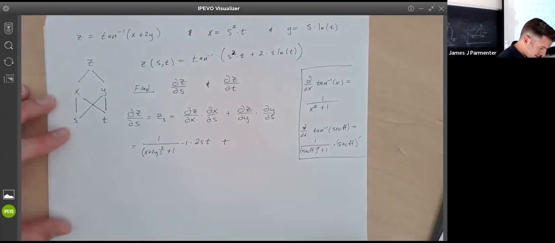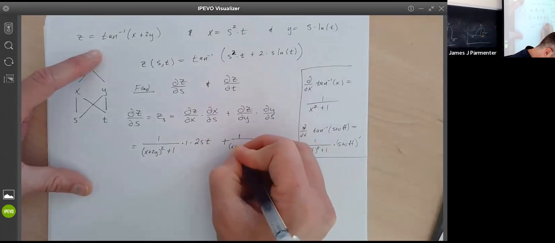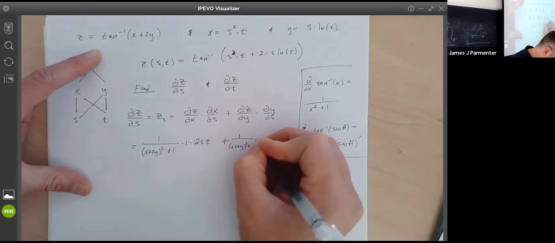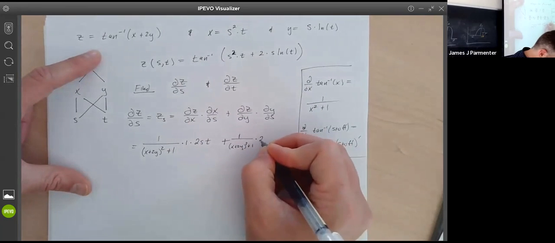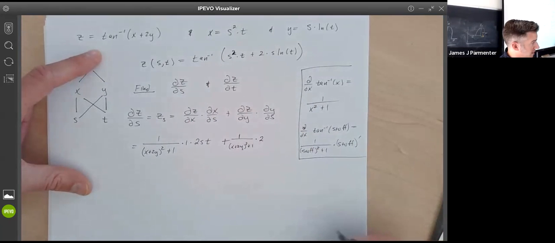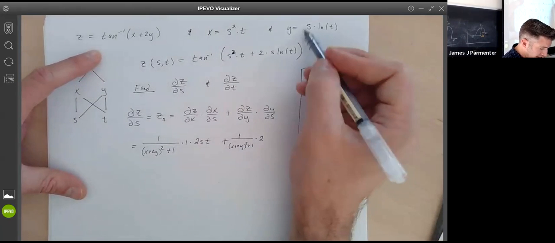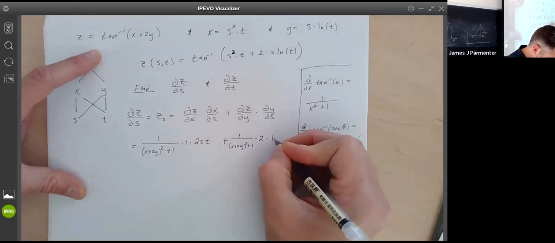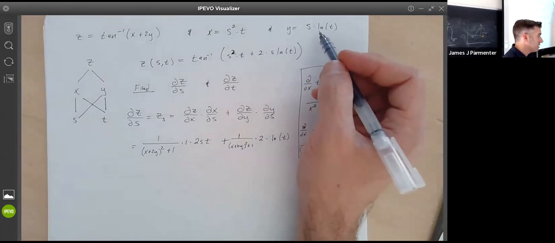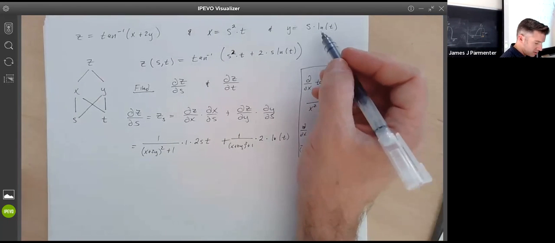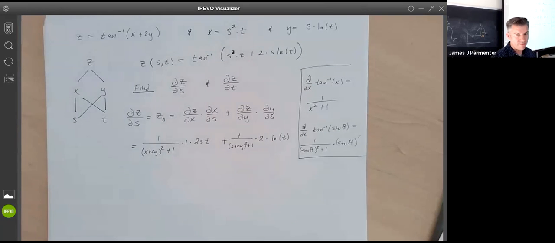Plus del z del y is going to be, again, 1 over our stuff squared plus 1 times the derivative of the stuff. Now the derivative of the stuff with respect to y is going to be 2 because we're differentiating with respect to y instead of with respect to x. And then we need to multiply it by del y del s. The derivative of s times natural log of t with respect to s is just 1 times natural log of t, because we're treating the natural log of t like a constant. So there's our not very nice looking derivative.